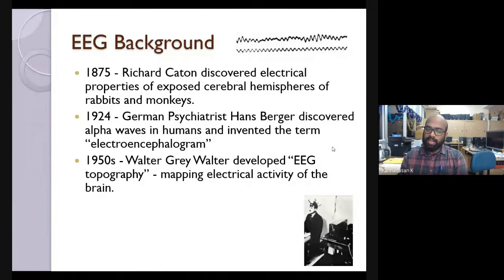Then in the 1950s, Walter developed EEG topography for mapping the electrical activity of the brain. We'll see more about the topography in the upcoming slides, how we split the brain area into different parts.